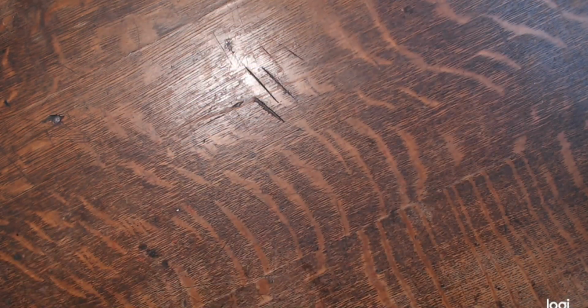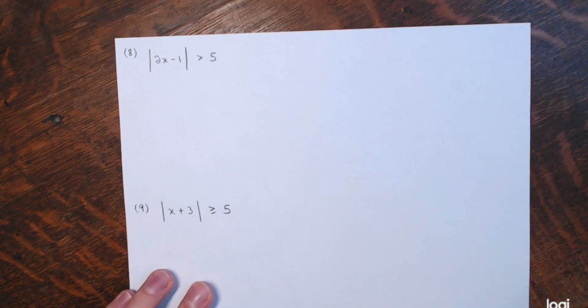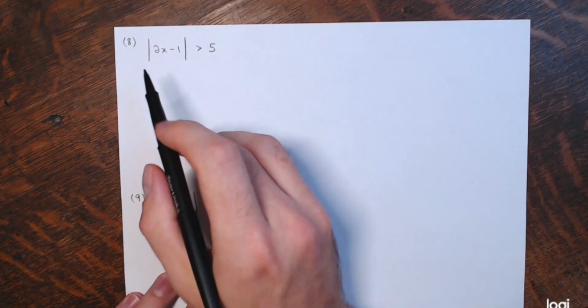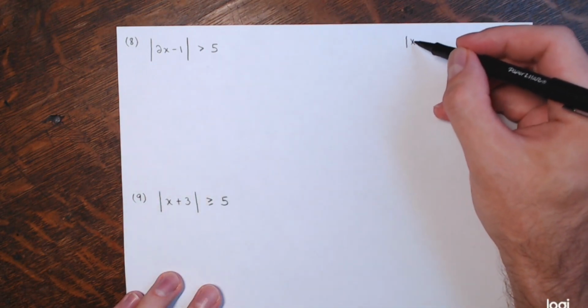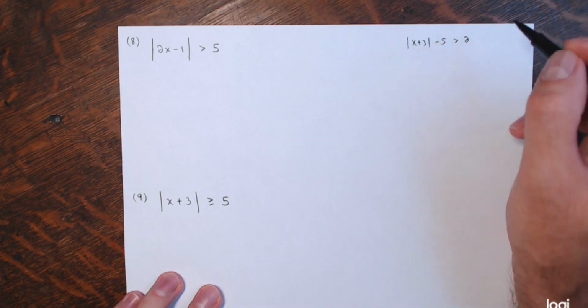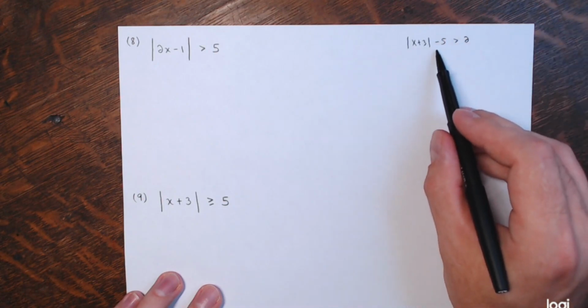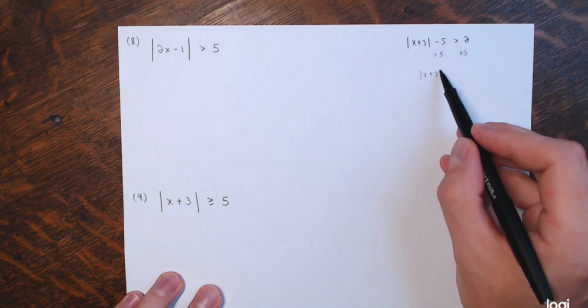Example 8, pretty similar to example 7. Now you may have noticed that so far in every single one of these the absolute value is already by itself. If I had the absolute value of x plus 3 minus 5 is greater than 2 or something, I would have to add the 5 to get the absolute value alone.